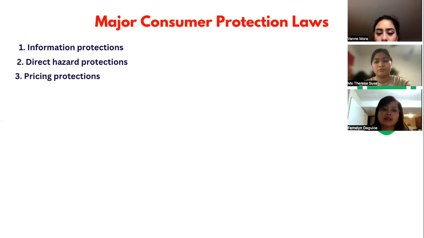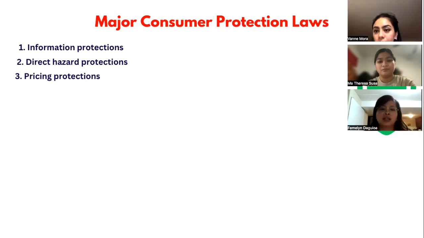And we also have the recalls, wherein products that are found to be defective or unsafe are recalled and removed from the market. So for example, if your car has faulty airbags, it will be recalled to prevent injury.